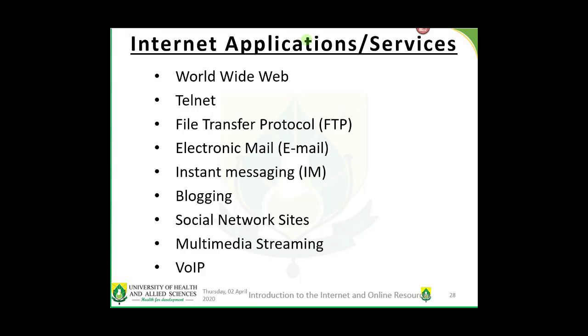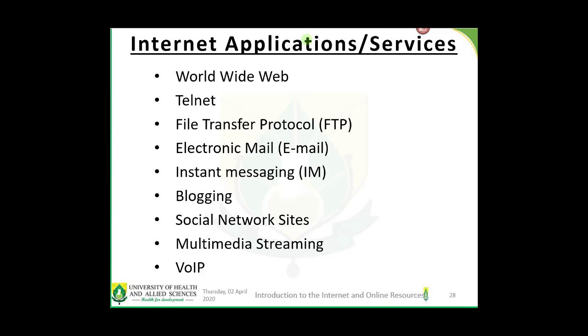Now, there are several useful applications or services that the internet is able to host. The World Wide Web is about the most popular service, and so most of the time people confuse the World Wide Web and the internet. But the World Wide Web is just one application or service. It's actually a distributed system that allows you, through a single window, to view results from several sources at the same time.